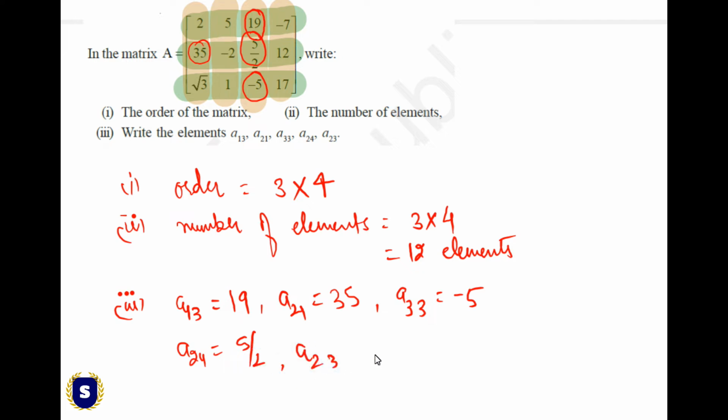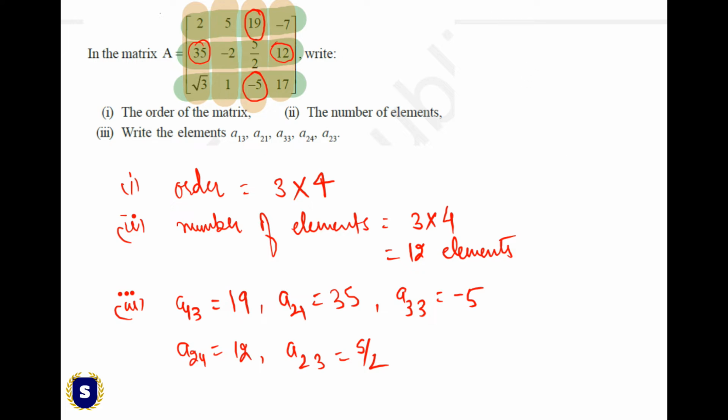Then A23, sorry, it was a mistake. A24, second row fourth column, so this is at 12, and A23, second row third column, this is 5 by 2. So here we have completed our first question.